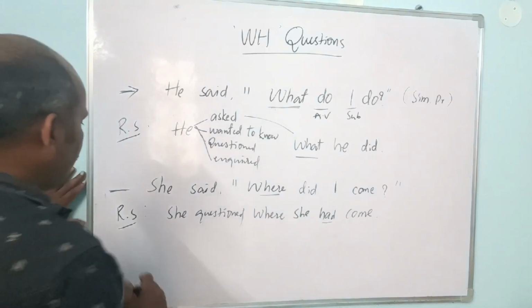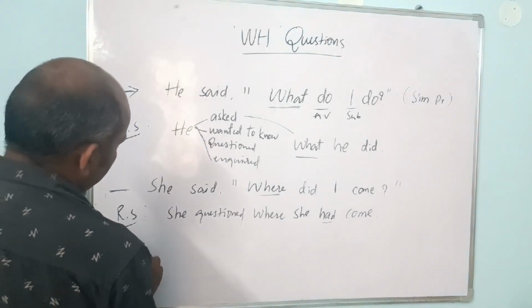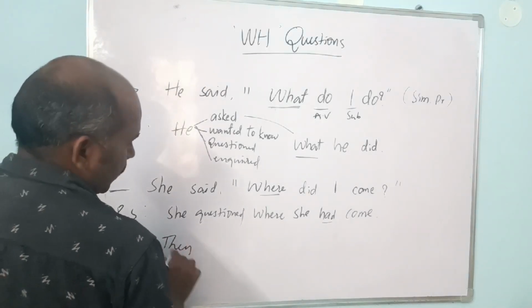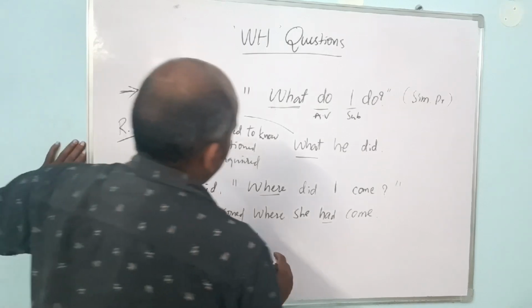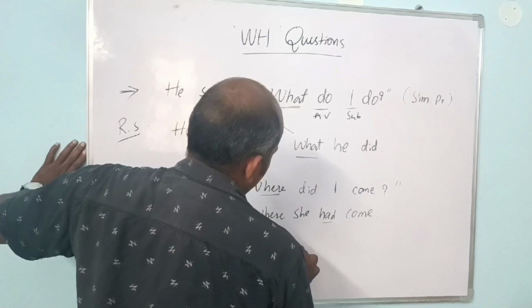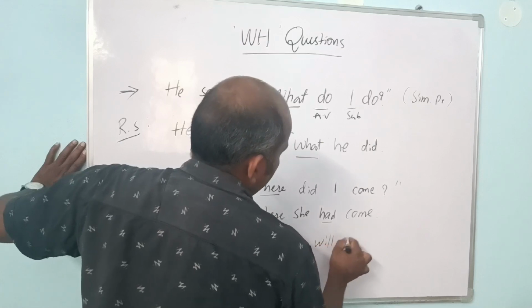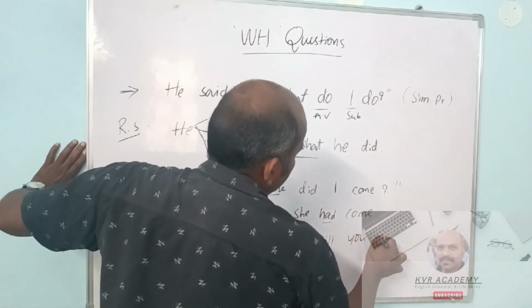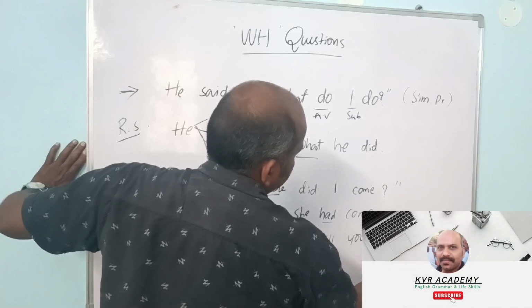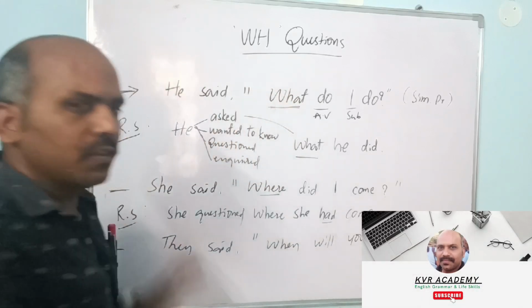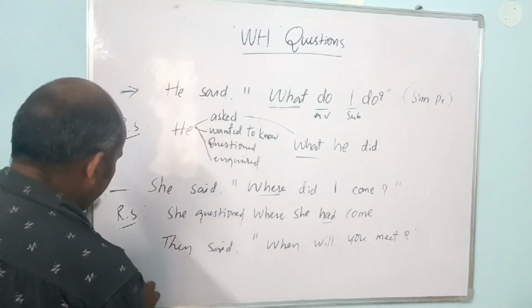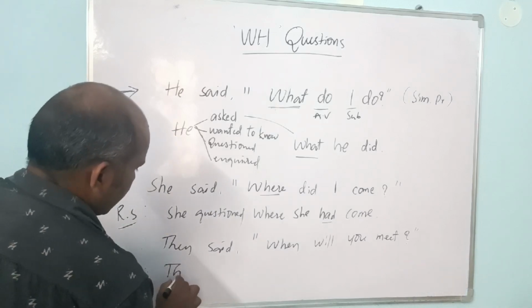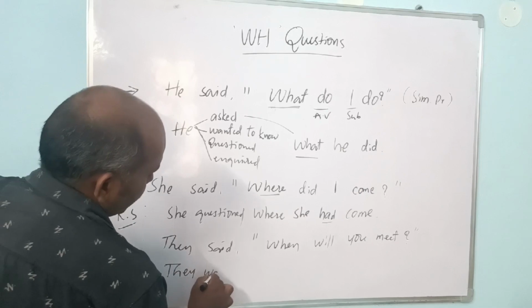Coming to simple future: they said, "When will you meet?" It is simple future tense. Coming to reported speech, the answer is they wanted to know.